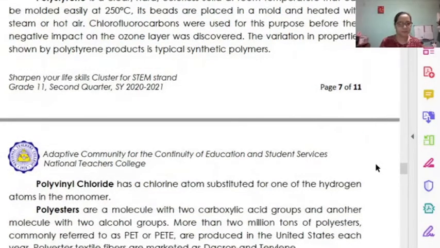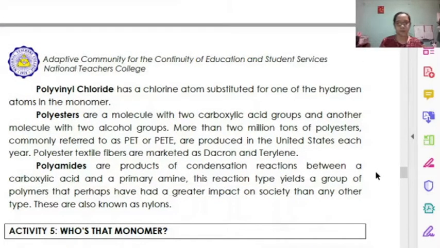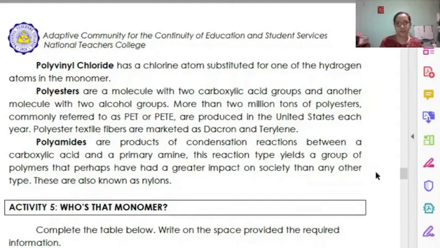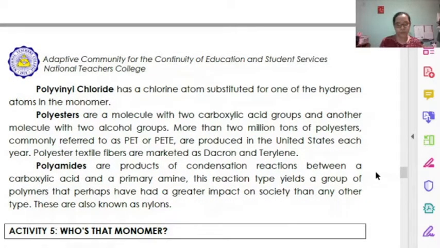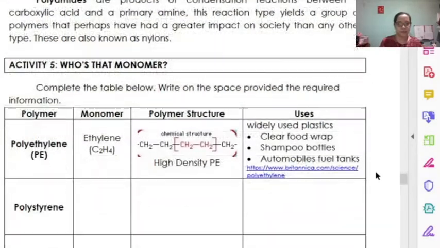Polystyrene, polyvinyl, polyester, polyamides. So those are the common polymers. As mentioned, these polymers came from monomers. Now, for the activity, who's that monomer? Since I have given you the list of common polymers, I want you to find its monomer.